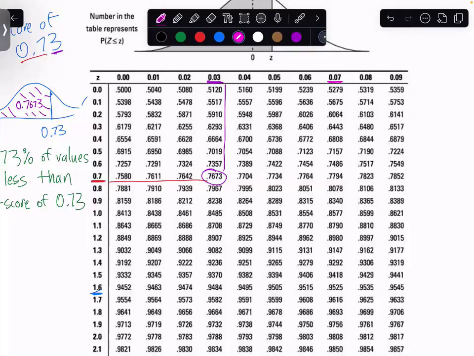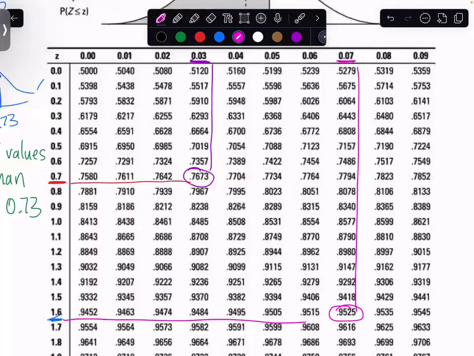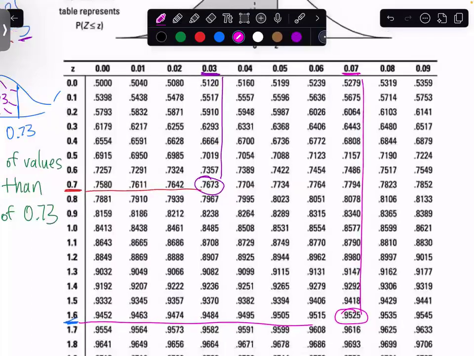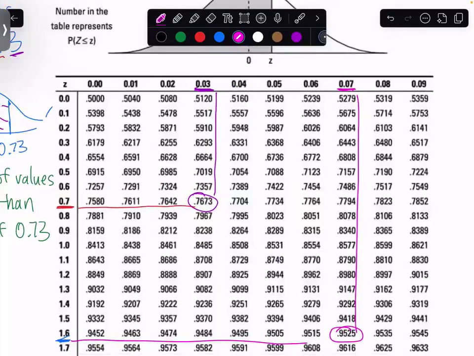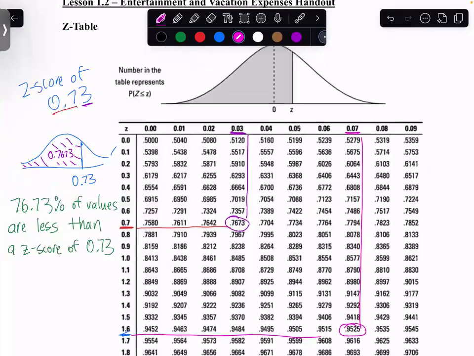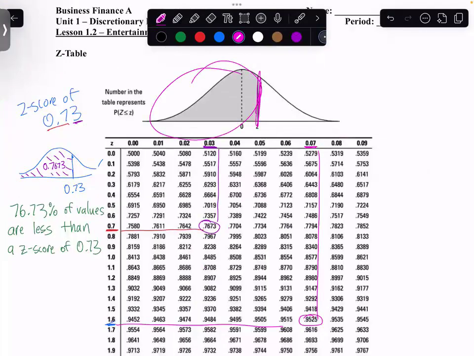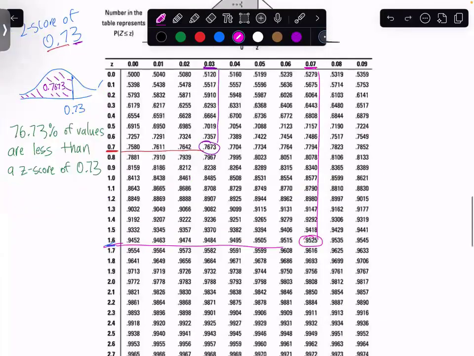So 1.67 is going to be right here. But let's make sure we understand what this number means. This number is always the area to the left of your z-score. So to the left of 1.67 is 0.9525.